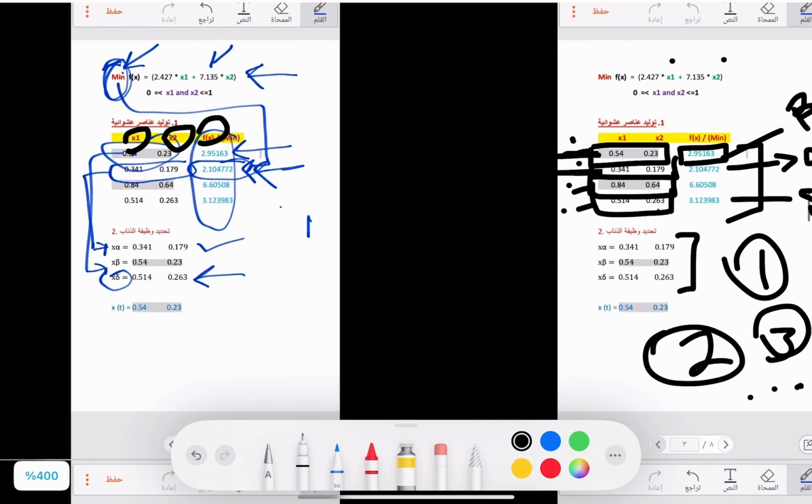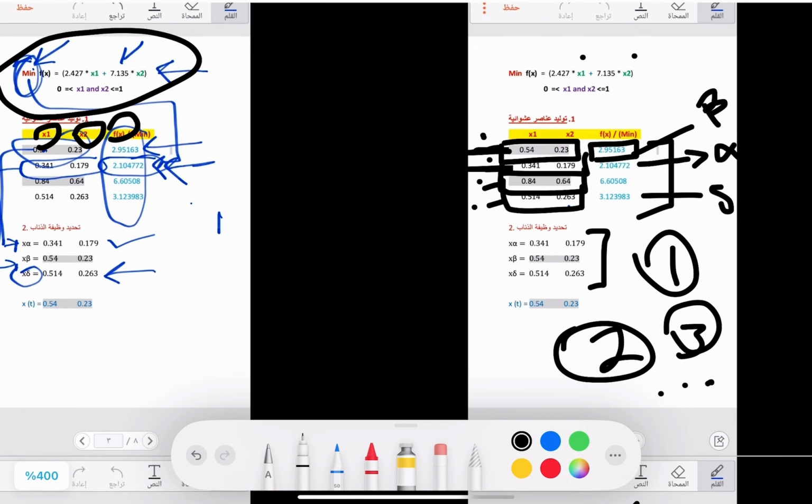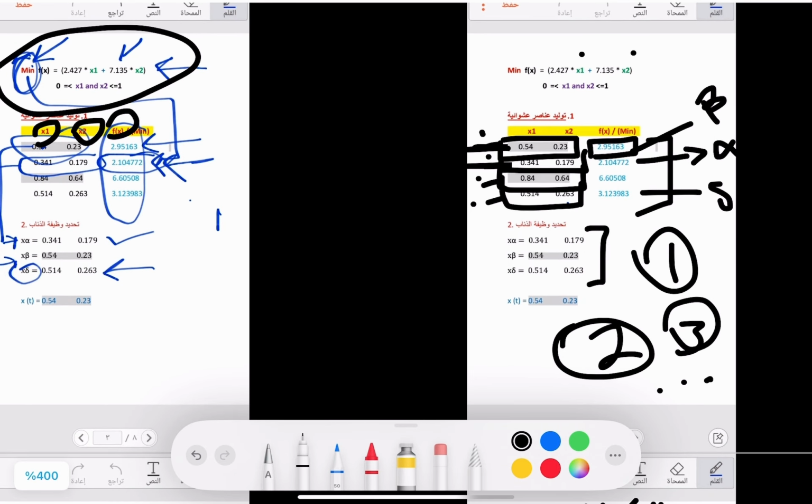So we are moving here. We're trying to minimize that function. We're going to have to get random variables, and as the population is 4, we're getting 4 random variables. This is the first random one, second random one, third, and fourth.